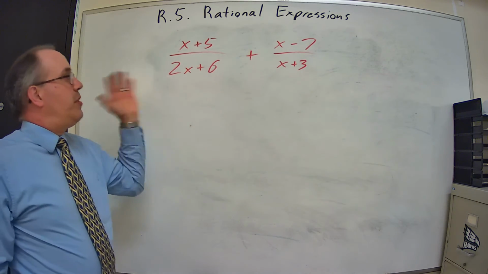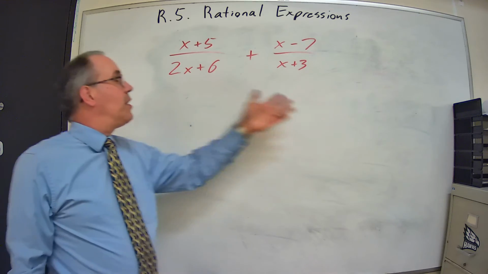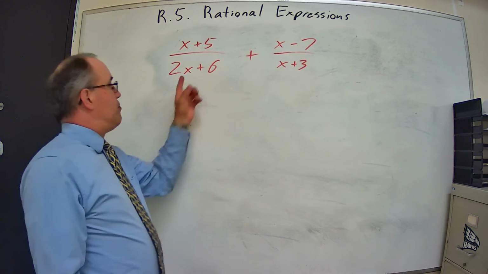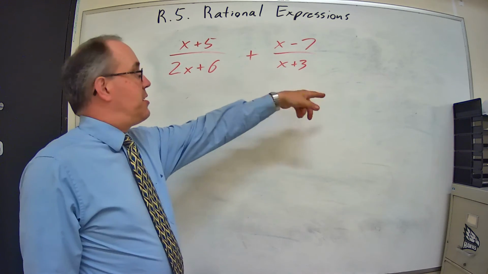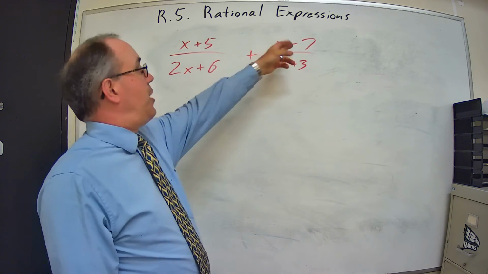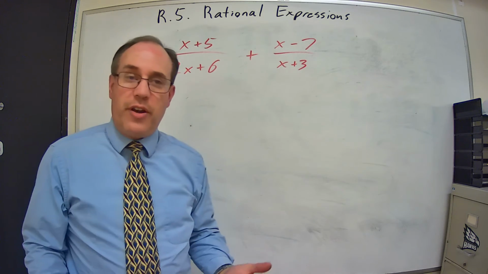So we have the sum of two rational expressions. And our rule said multiply these two together to get the denominator, multiply this times that, and then multiply this times that to get your numerator.